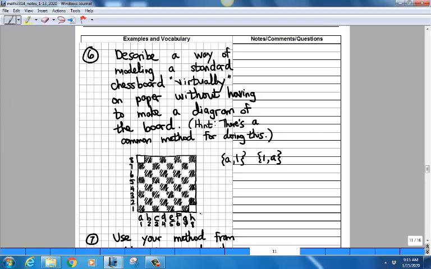So if you use numbers there for the files, then obviously this position and this position would not be the same, correct? So the order of the numbers would also give you information.